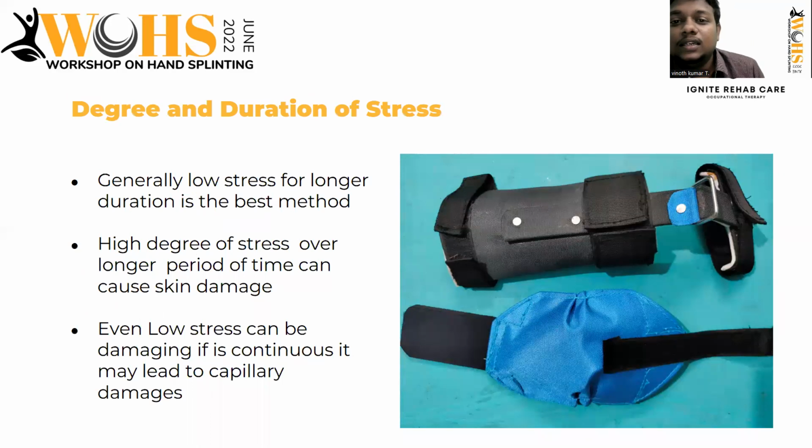Okay, degree and duration of stress. Generally, whatever splint we are designing, we have to give low stress for a longer period of time rather than high stress for a shorter period of time. For example, rather than giving an extreme stretch in 10 minutes, you can give a mild stretch for 2 hours, which will benefit the patient more.